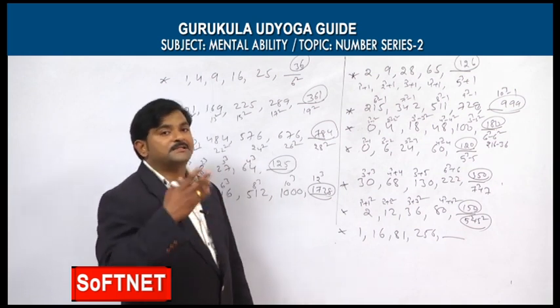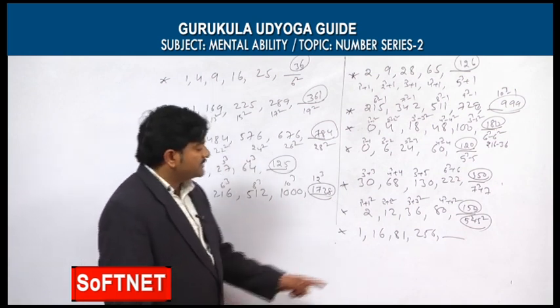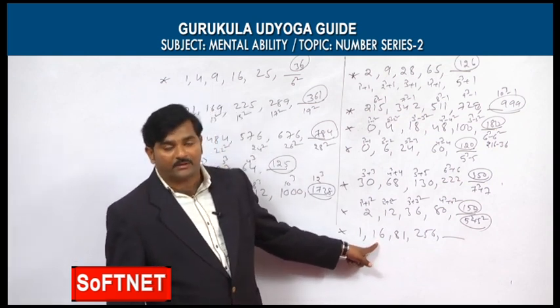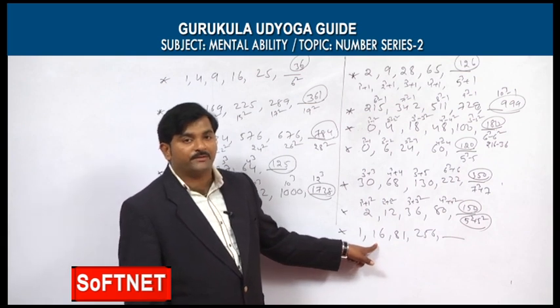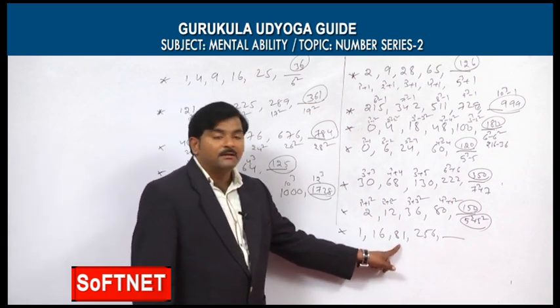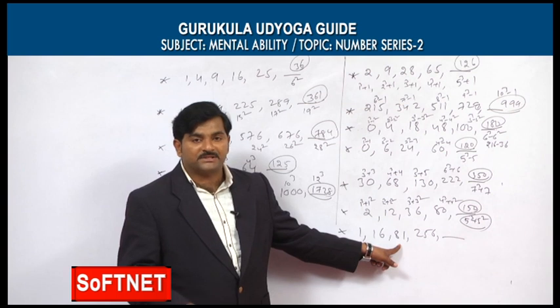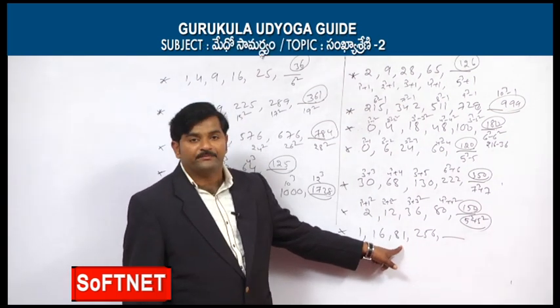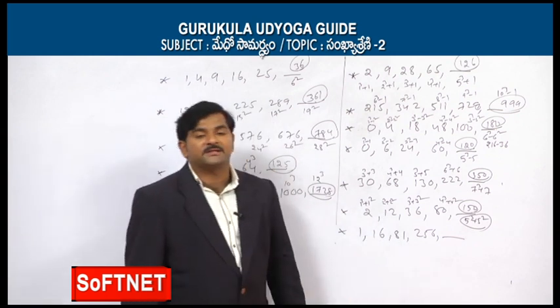This must be in some other way. How? Let's say 16 can be expressed as 2 power 4, if you remember. 2 power 4 value is 16. 81, of course, is 9 square, but 9 square can again be written as 3 power 4. Similarly, 256.